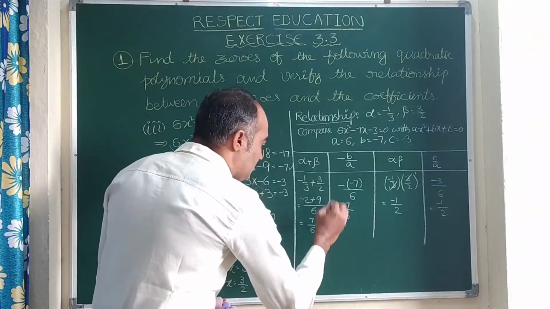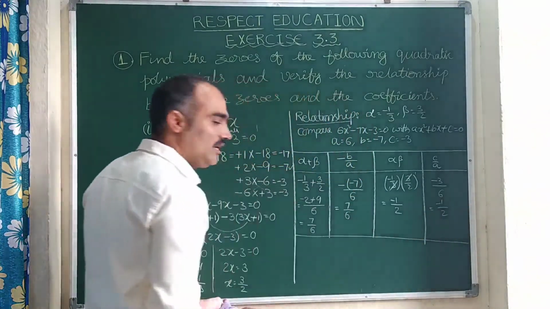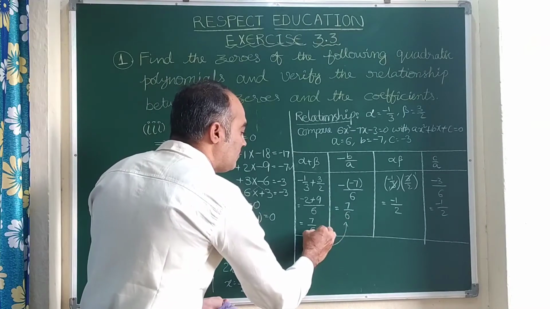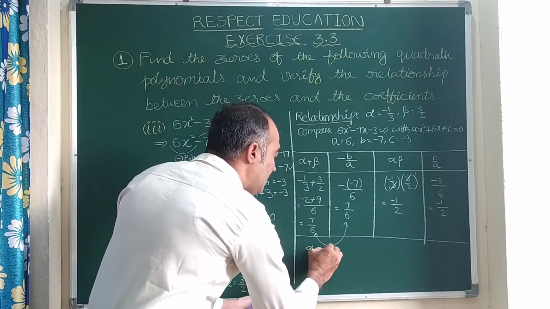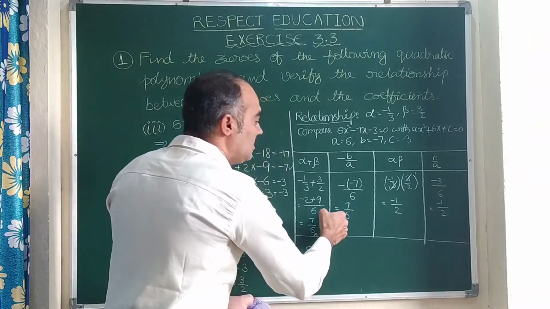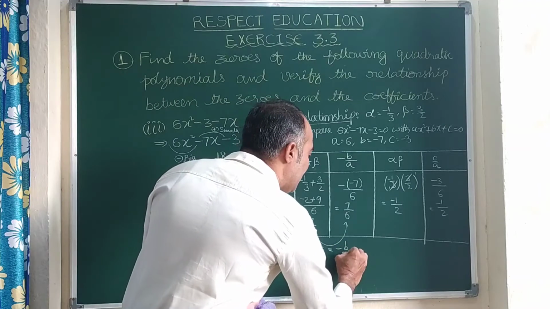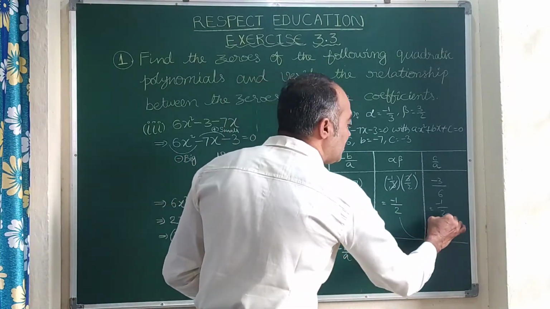Here let us observe these values. 7 by 6 and 7 by 6 are both equal. So alpha plus beta, which is 7 by 6, equals minus b by a. These two values are equal.